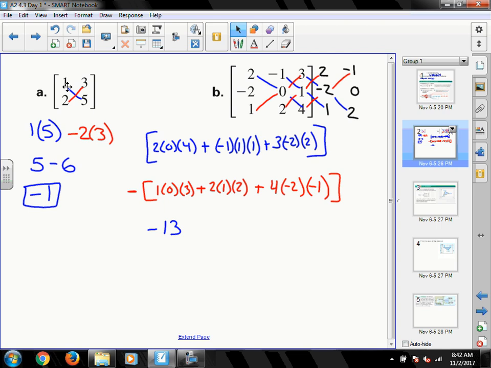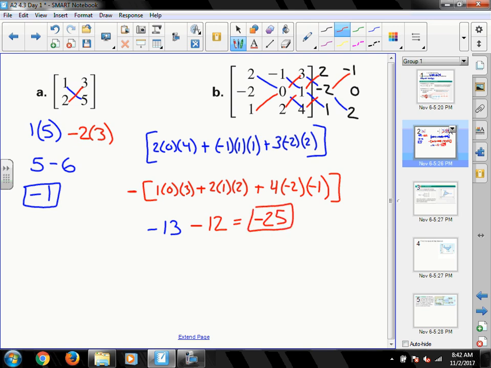And I'm going to subtract whatever's in red, and I plug all of this in red into the calculator, and I'm going to get 12. So I have -13 minus 12, which will give me a determinant of -25. So that's how you're going to calculate determinants.